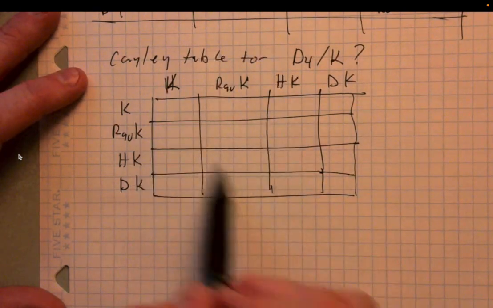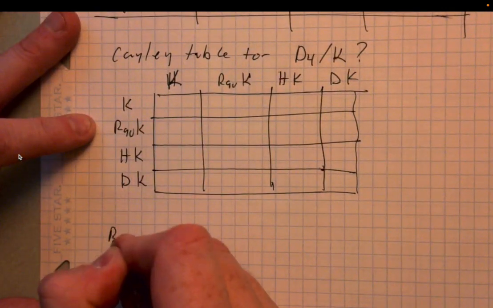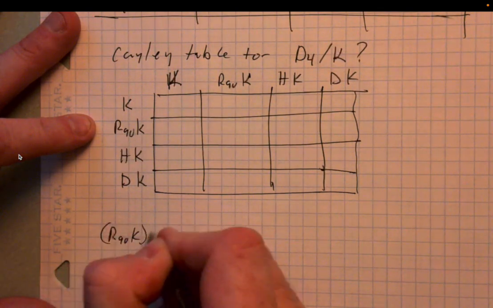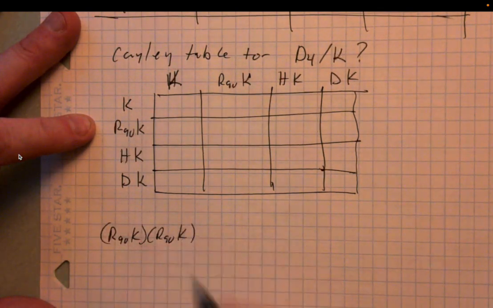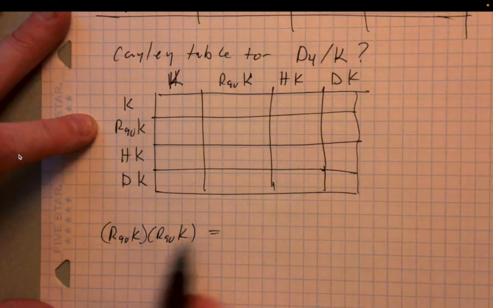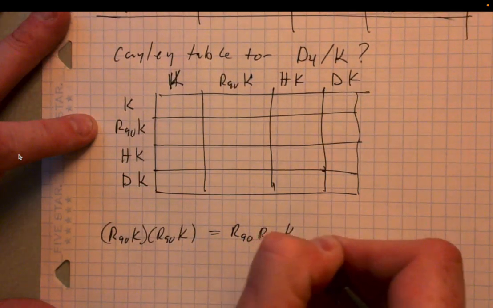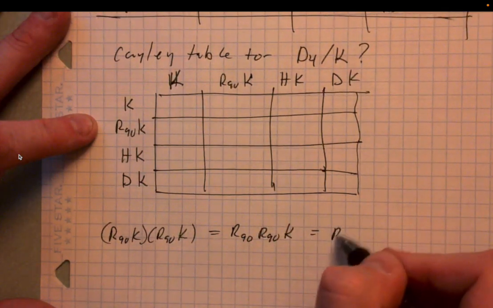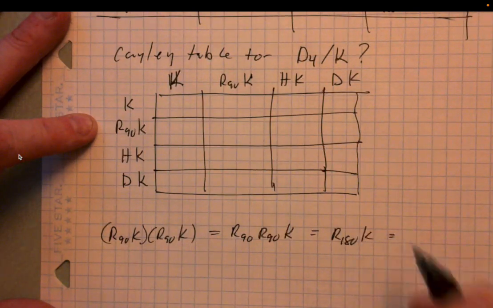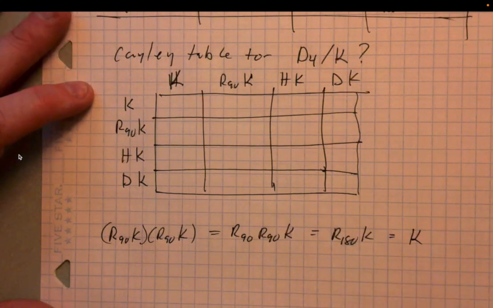And so a K and a K gets you what? First of all, let's remind ourselves what it means when we combine these things. If I want to combine an R90K and an R90K, what does that mean? Well, remember the group operation says take the two front things and put them together. So you get an R90, R90K, right? Which is an R180K, which is K. K absorbs R180, right?